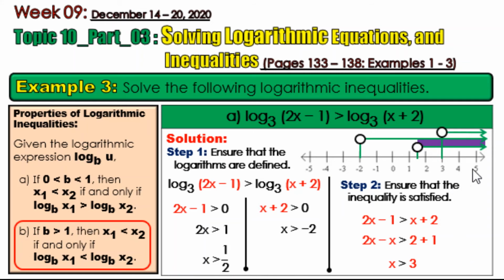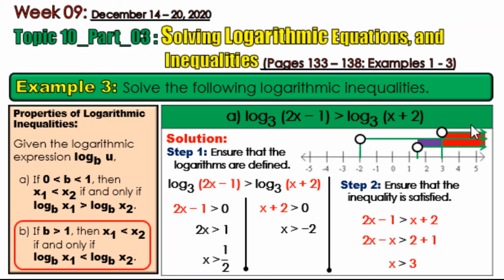These are now the values of your x, and we can find that here. Therefore the values of x would be the intersection of x greater than 1/2 and x greater than 3, and the intersection would be x greater than 3.